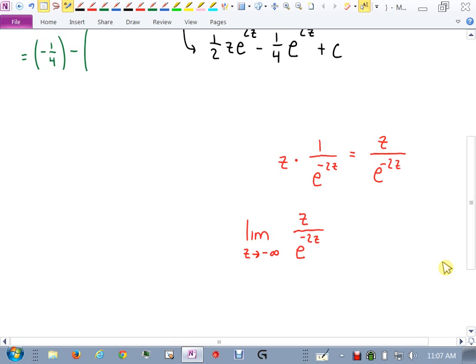What do you do when you have infinity over infinity? What can you do when you have infinity over infinity? If you're trying to take a limit and you've got that, no? There was a real nice thing that you learned at the end of Cal 1, L'Hopital's rule. Remember L'Hopital's rule? No?